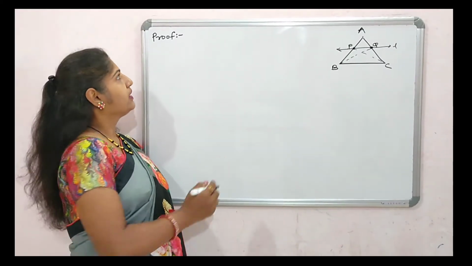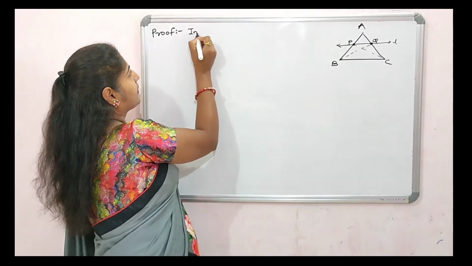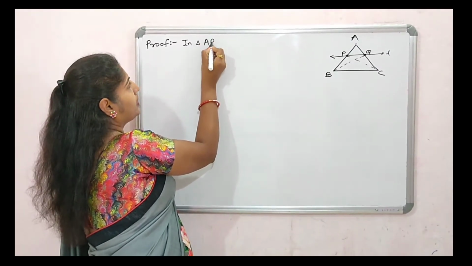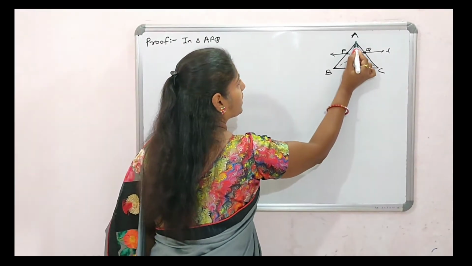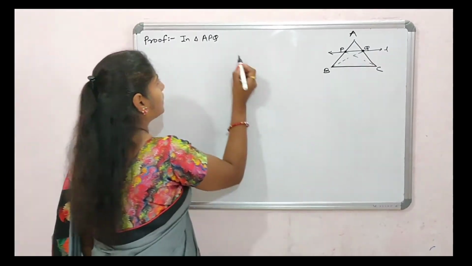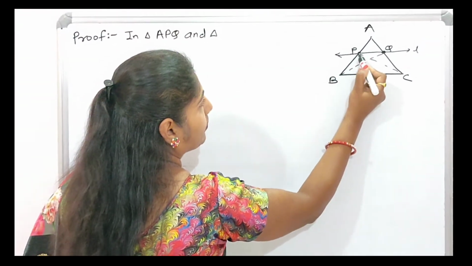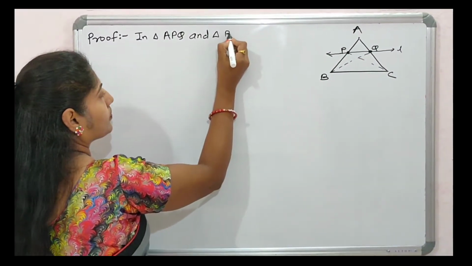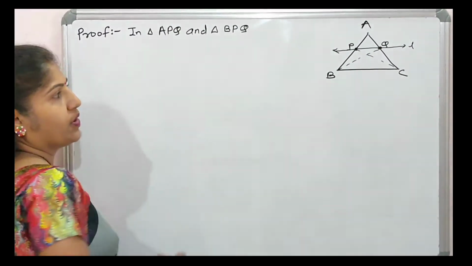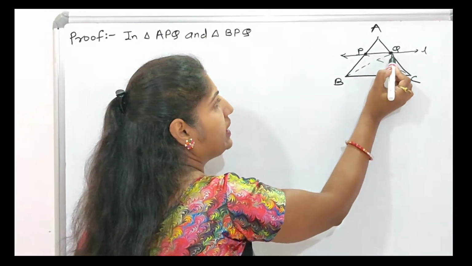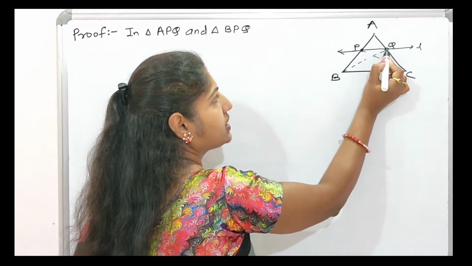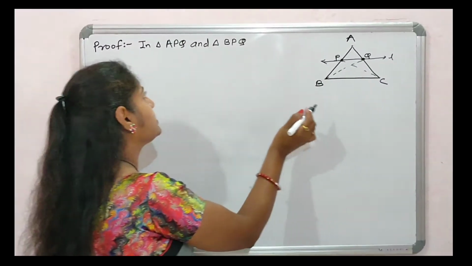Now the proof. In triangle APQ, this small triangle, and triangle BPQ, both triangles have equal height because they have a common vertex.